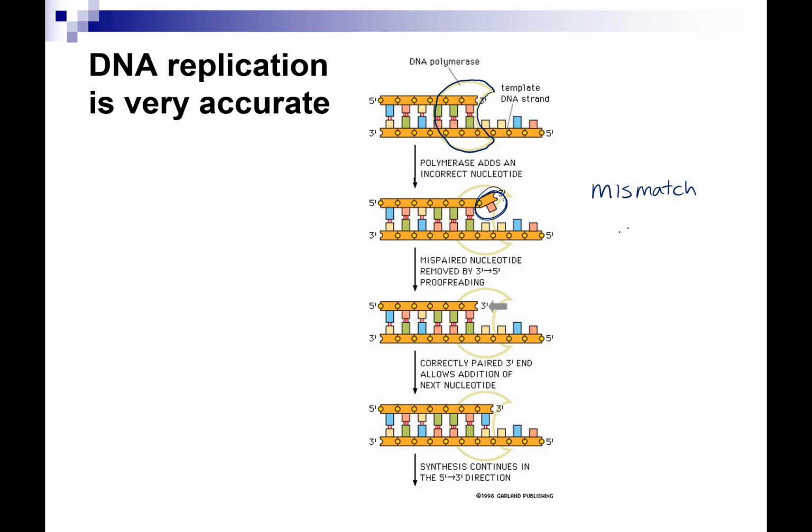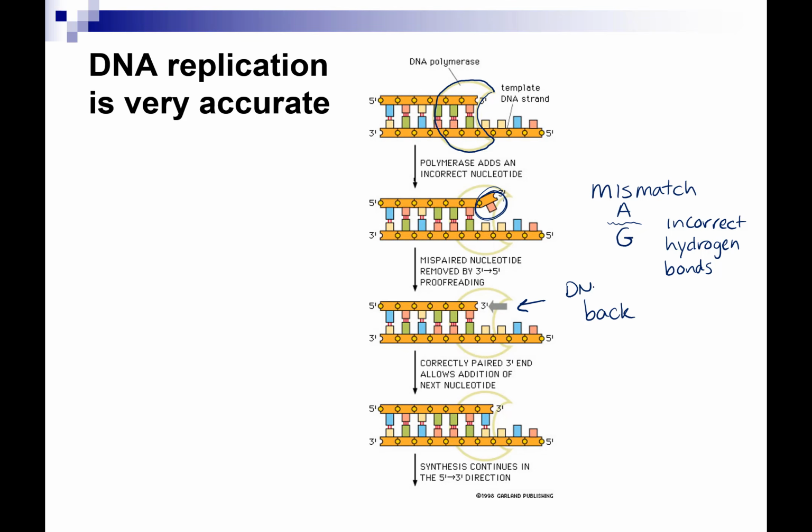So say the parent strand was G and there was an A put in there. Well, they're not going to be able to base pair, or I should say form correct hydrogen bonds. That's what holds them together. So DNA polymerase can actually move backwards. It can backtrack.